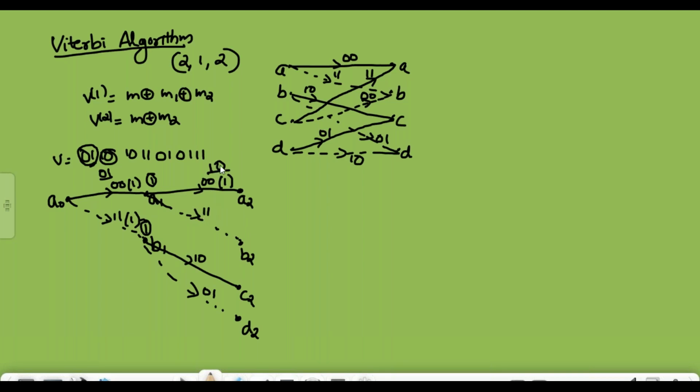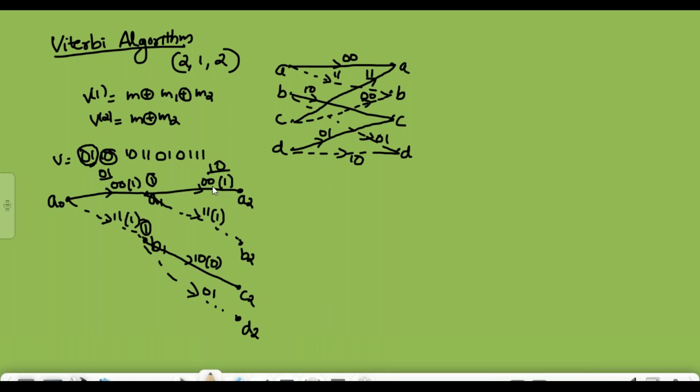The first bit is the same, the second bit is different. Therefore, 1 is the branch metric. Then here 1 0, and the received output bits are also 1 0. Therefore, the branch metric along this branch B1 C2 is 0.